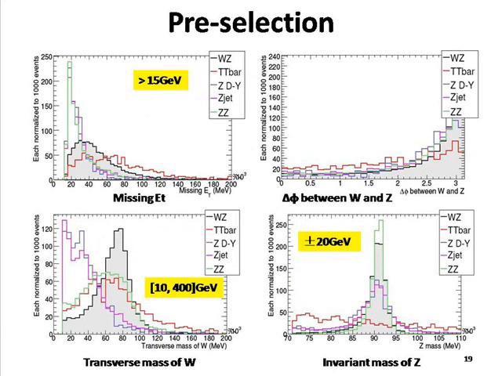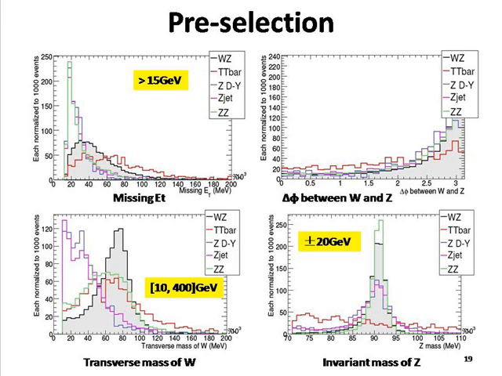The further plots show the different distributions and behaviors between signal and background. In some, signal and background are separated very clearly, but in others they are not.